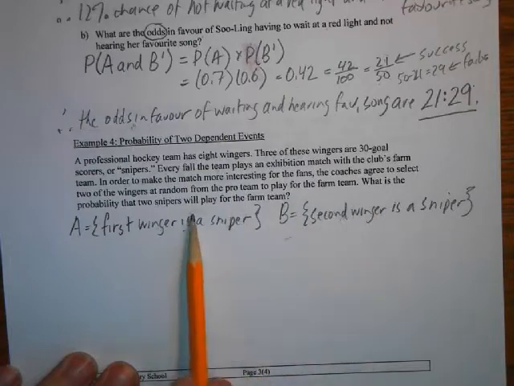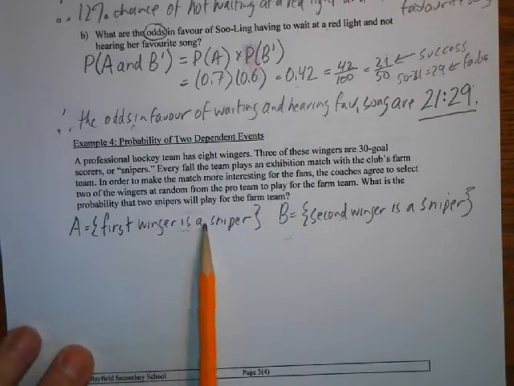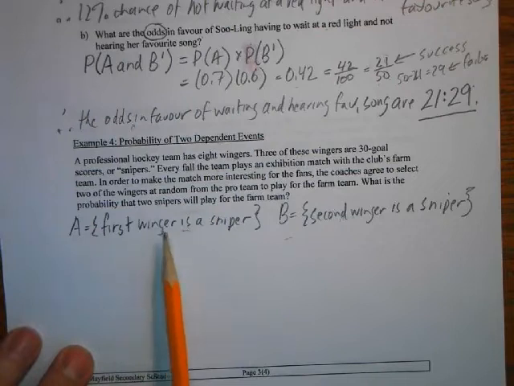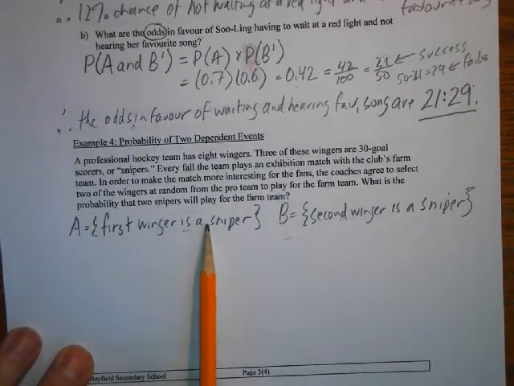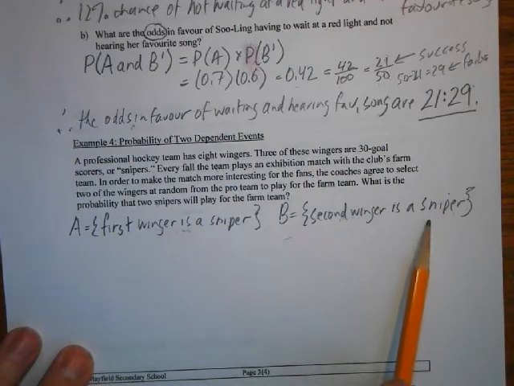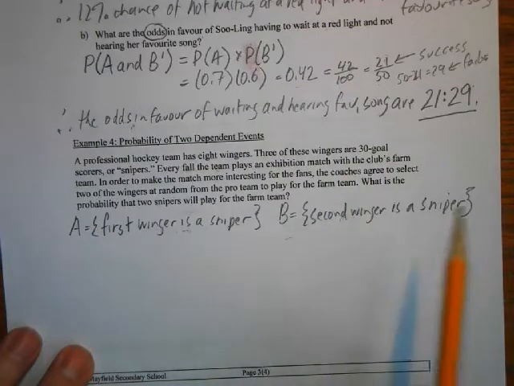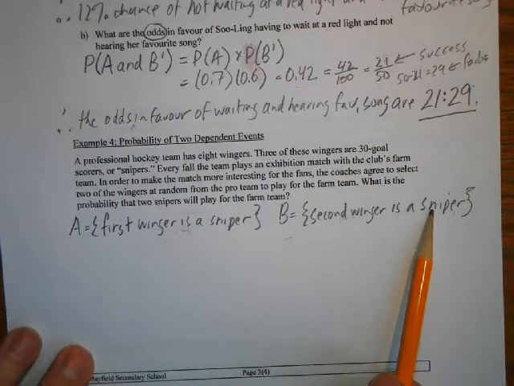Now, if I don't end up selecting a sniper with my first selection, I've still got 3 snipers that I could pick from for the second pick. So the probability of selecting a sniper for the second winger would also be 3/8.